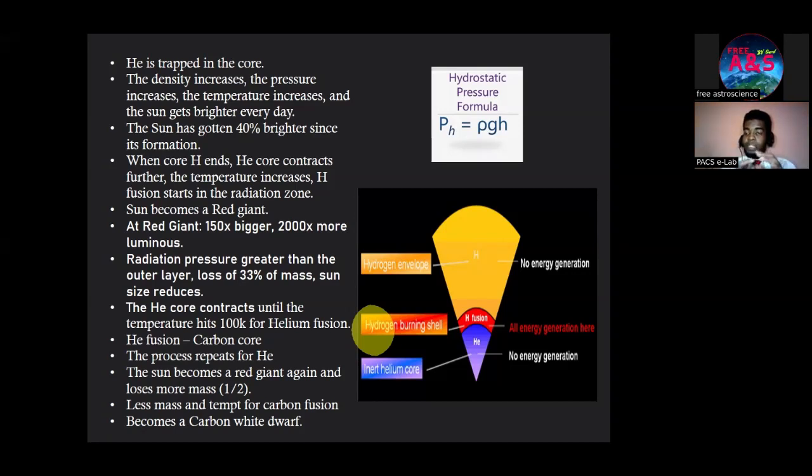The radiation pressure is increasing, remember, the luminosity is increasing, but the surface gravity is decreasing. The sun is becoming less dense. So this radiation pressure is going to push away this outer matter. When it pushes it away, we call this planetary nebulae. That's the first stage. So in the first stage, when the sun becomes a red giant, it is going to eject 33% of its current mass.